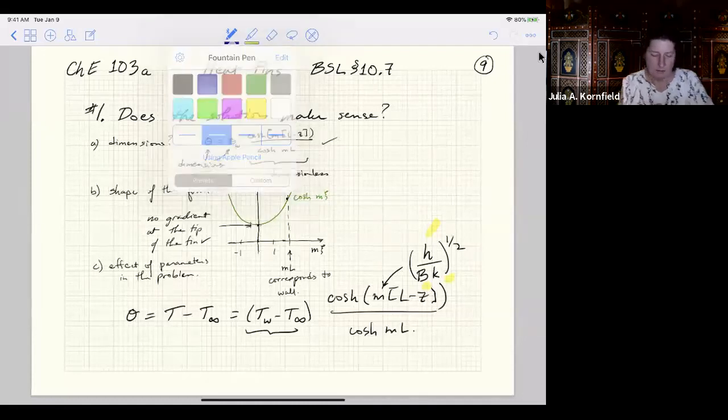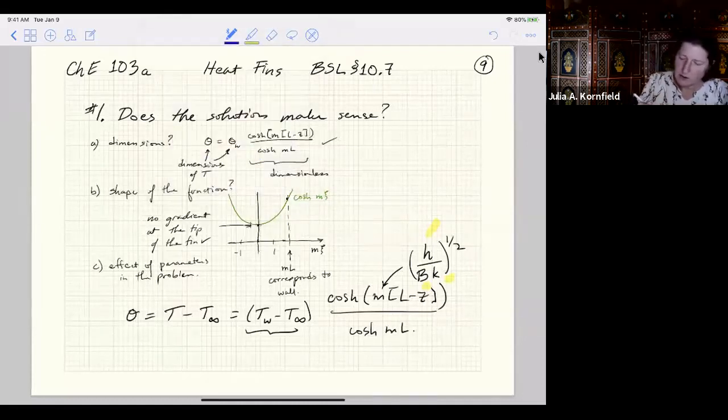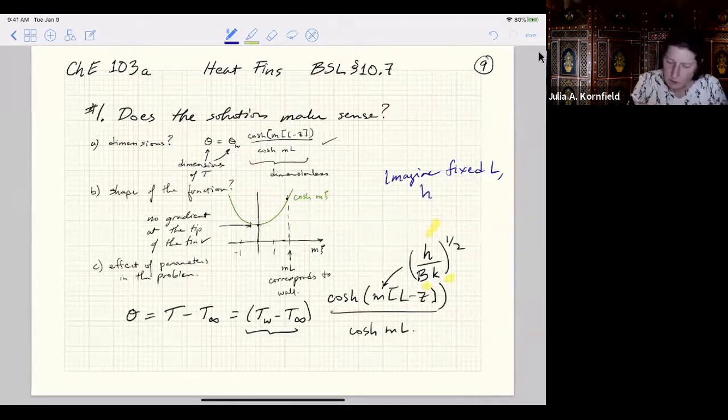If we have a fixed L, and h increases, then this point here along the mC axis, if h increased, you'd move further out.